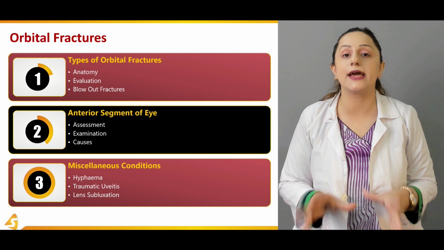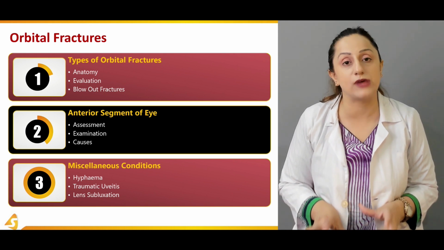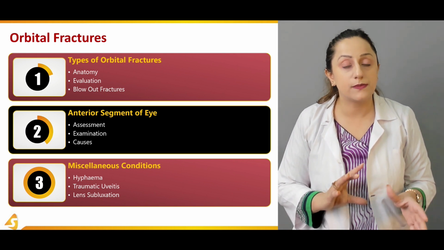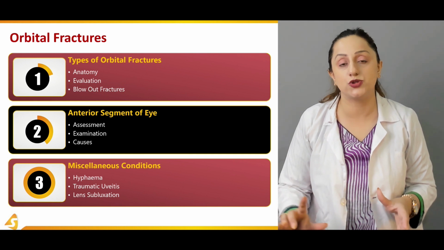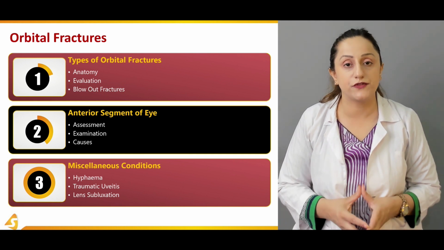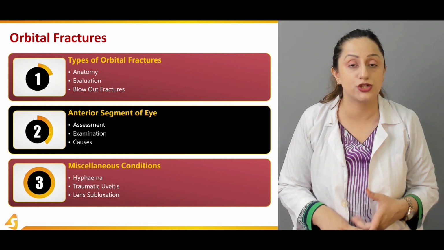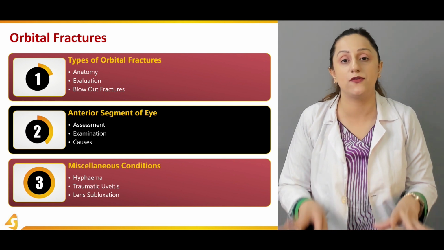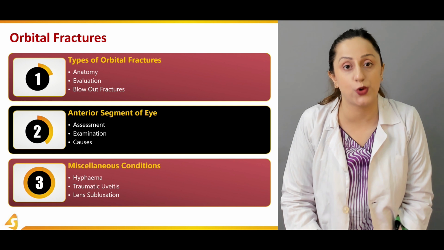The zygomatic arch is also involved in tripod fractures. So you're going to line out all of these rims of the orbital cavity as well as the zygomatic arch to evaluate whether the person has some sort of orbital fracture or not.